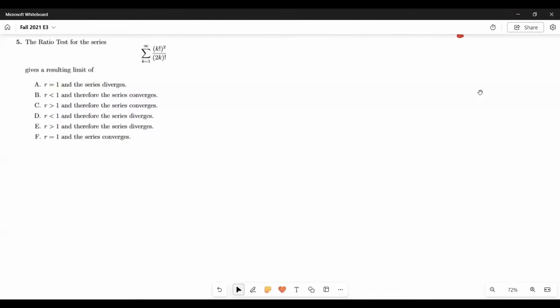Okay, this question has us use the ratio test to find whether the series is converging or not. Okay, so let's see. We have the ratio test, and actually we can cross out some of the choices, right? The ratio test says if r is less than 1, then it's going to be converging.